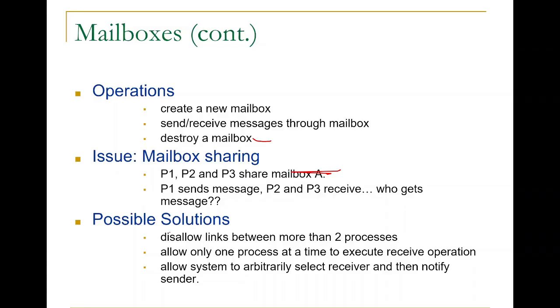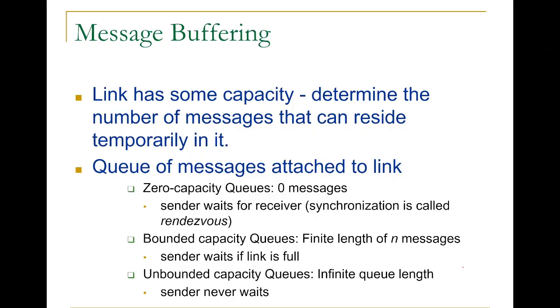So a possible solution is to disallow links between more than two processes. Allow one process at a time to execute a receive operation. Allow the system to arbitrarily select the receiver, and then notify the sender.